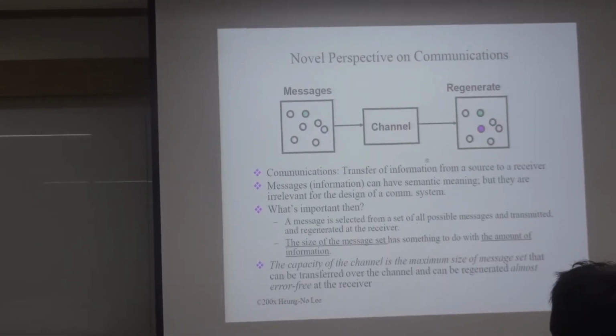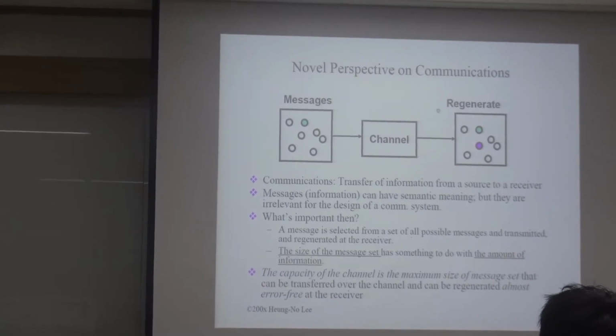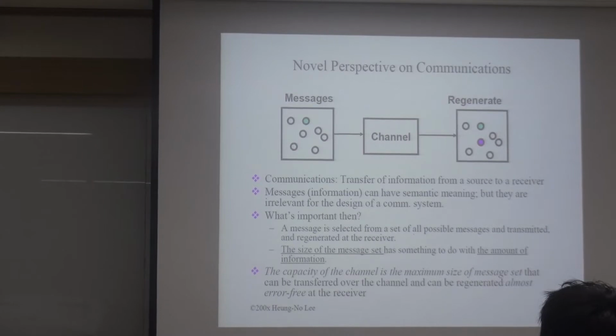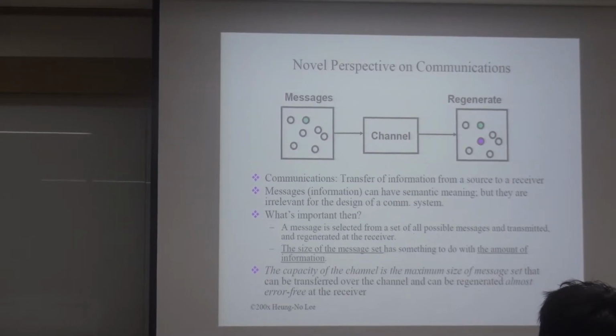All right, so the novel perspective that he introduced in the field of communication was this. Let's say you have a message that could have a semantic meaning, right? If someone says there is an Ethereum 2.0 merge happening, someone interprets this as, okay, time to buy Ethereum.